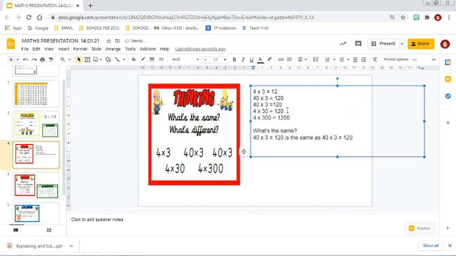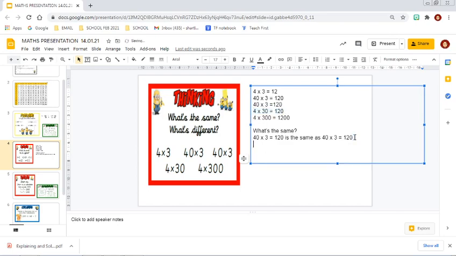Now I can also see that 40 multiplied by 3 equals 120, and I can also see that 4 multiplied by 30 also equals 120.